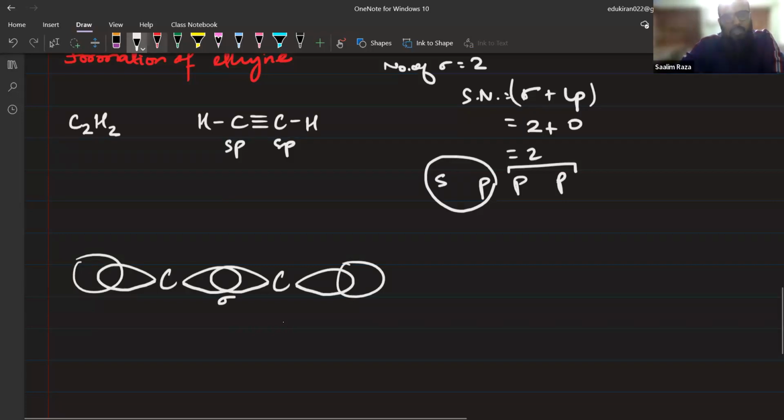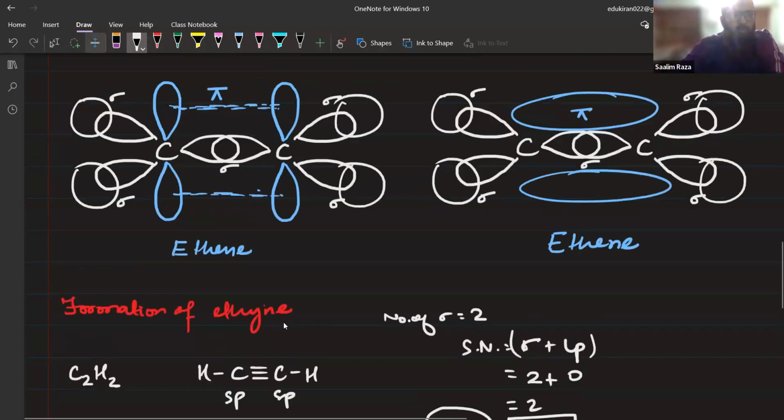Now when I talk about these 2 p orbitals, I will make the p orbital, borrow the p from here.